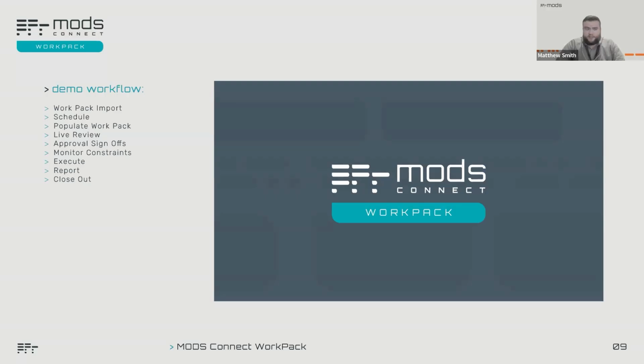We'll look at the approvals and sign-offs prior to execution to say that the deliverable is in a good condition and the information is accurate. And then we'll look into the constraints, making sure that we're actually ready to begin before going into the execution and showing you how we report across that. And then finally close out.